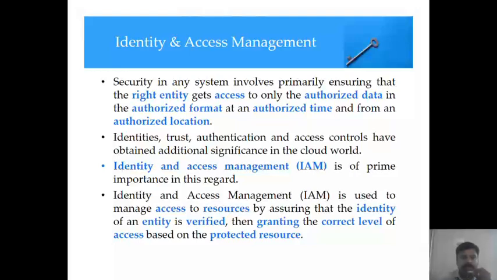So we will be giving authorization cadre-wise to access a particular amount of things in an industry. So we call it that the right entity should be given access to the authorized data in an authorized format, at an authorized time and from an authorized location.